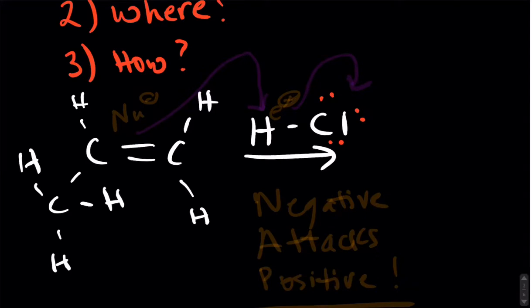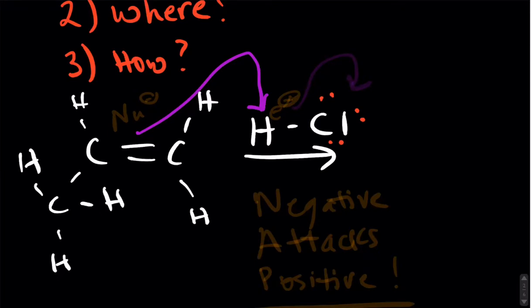So the first step in this reaction, just remember that each bond is made up of 2 electrons. Those 2 electrons form a bond that connects atoms. So we're going to take the 2 electrons from one of these bonds, from the double bond, and we are going to put that on the hydrogen.